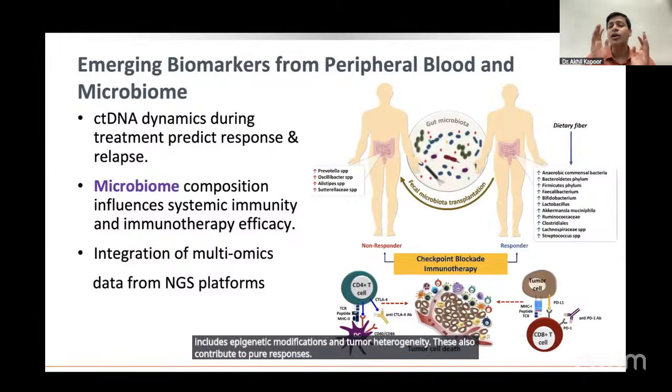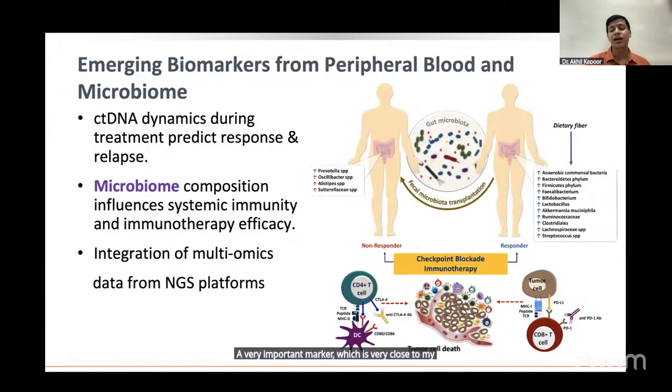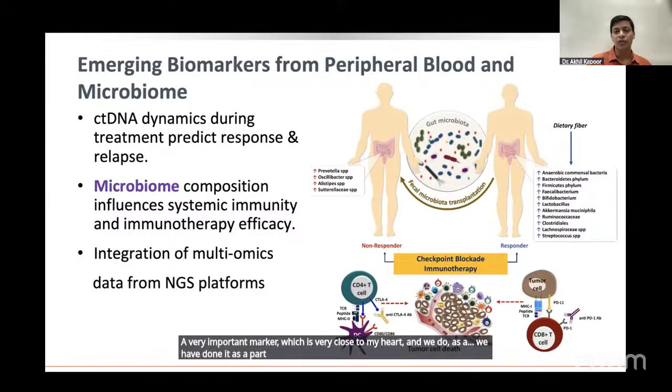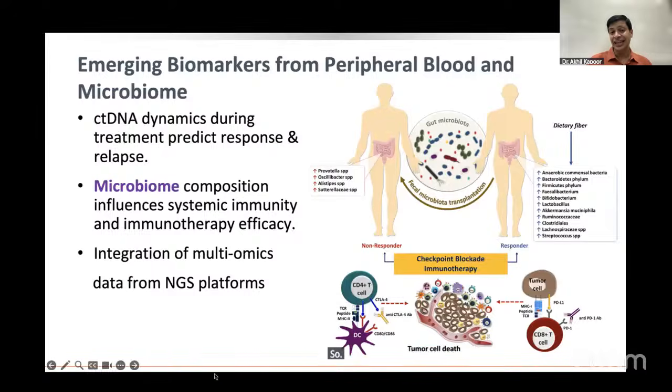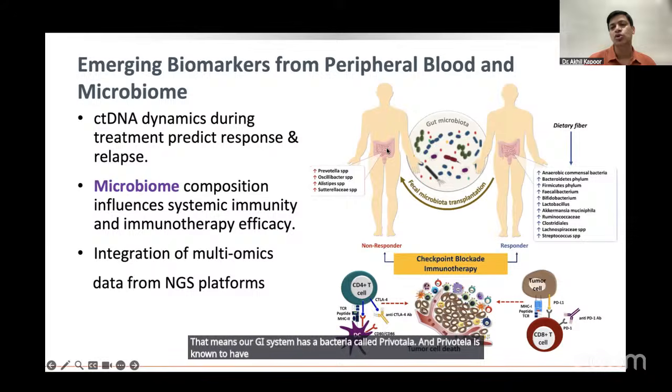A very important marker, which is very close to my heart and which we have studied as part of an important project at our center, is the gut microbiome as a marker for response to immunotherapy. Indians and Chinese have a particular species in our gut, a bacterium called Prevotella, which is known to be associated with somewhat poor responses to immunotherapy.